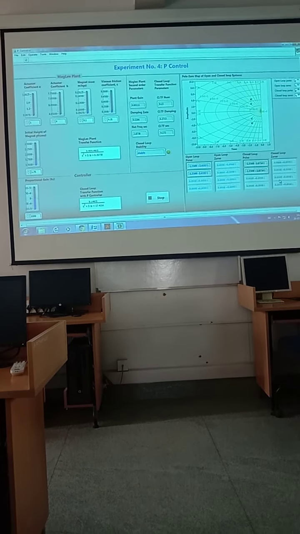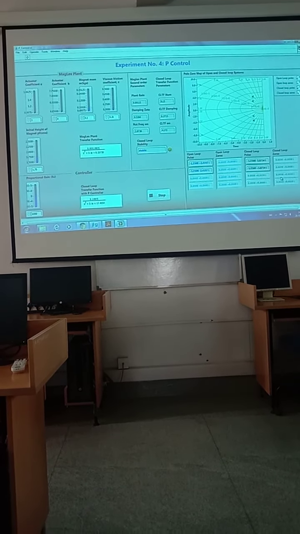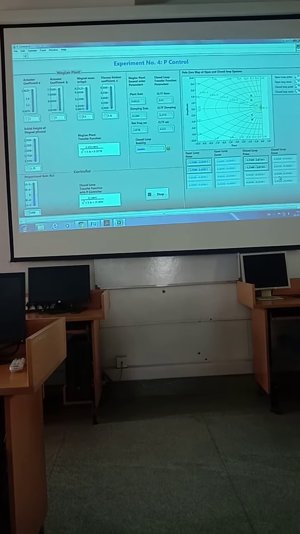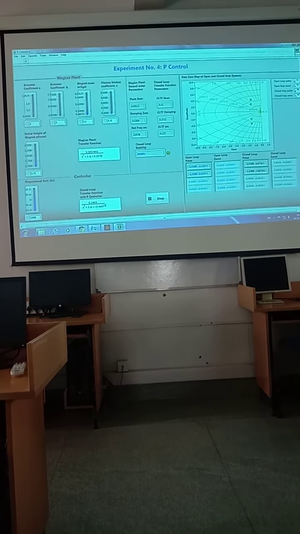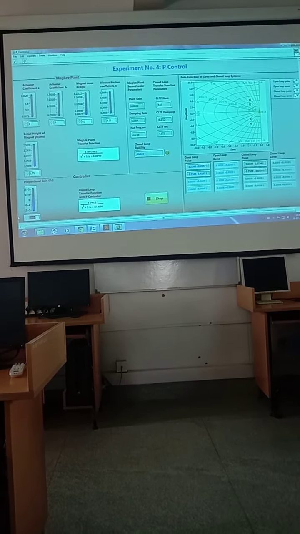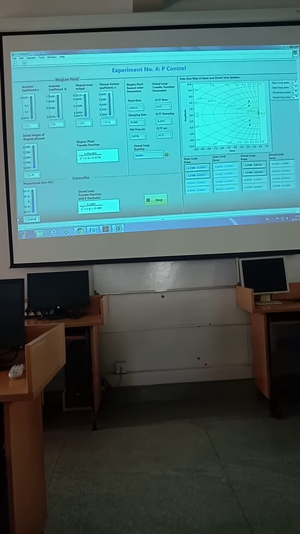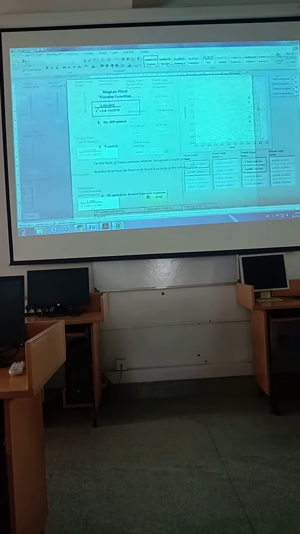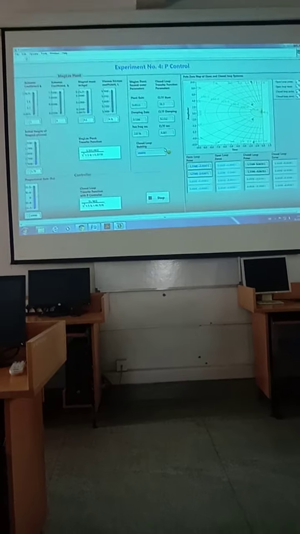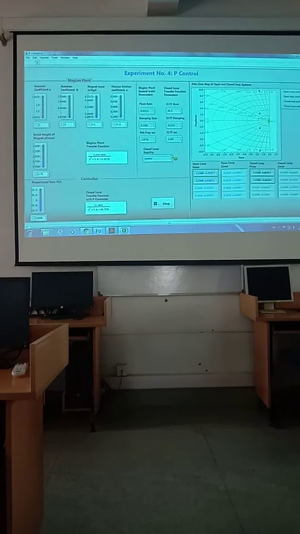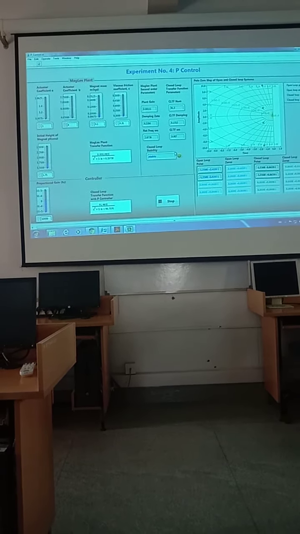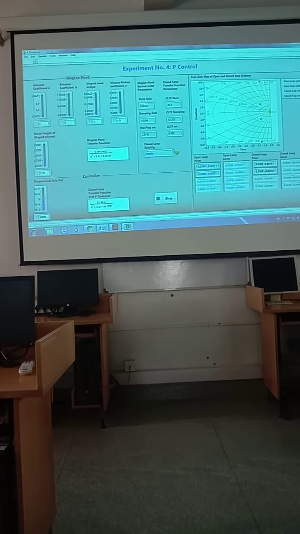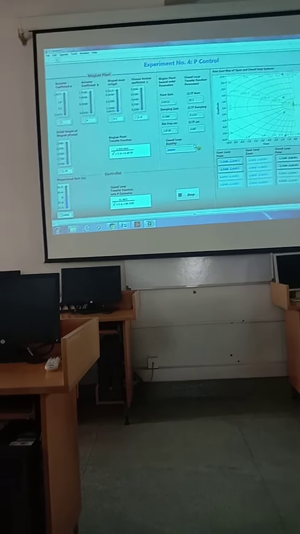Okay, and the system is stable. So for larger values, even though the system is stable, the poles are going away.